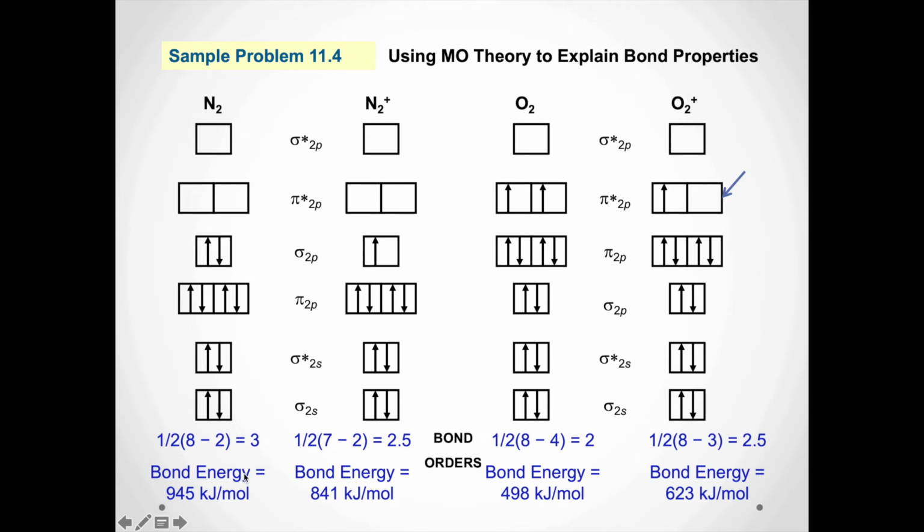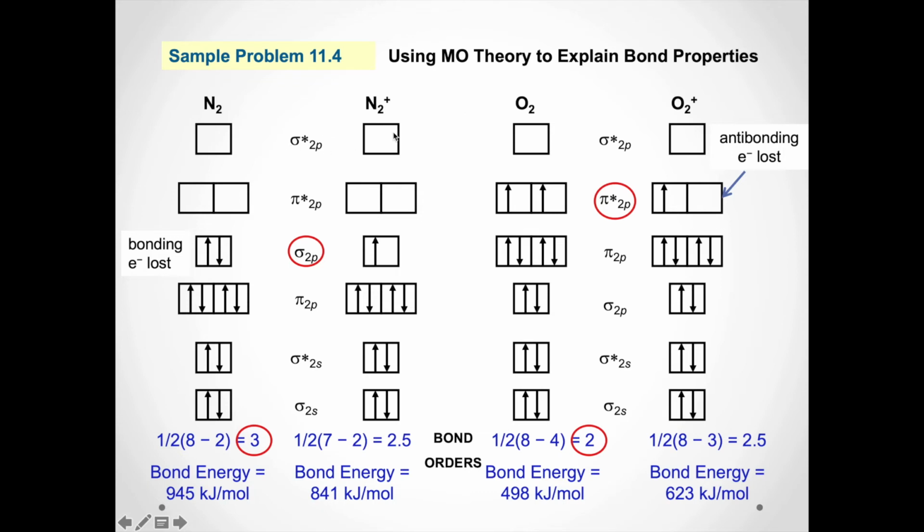It also becomes higher. The same goes for O2 plus: the larger the bond energy, the larger the bond order. This is where we have the bonding electron loss, while this one is the anti-bonding electron loss.